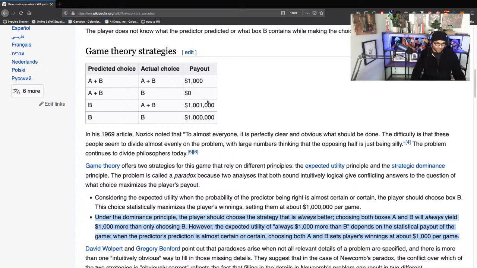And then here I get an expected value of $5,000.